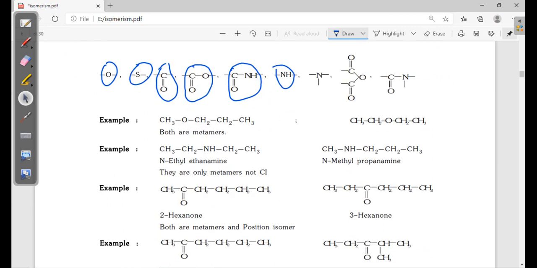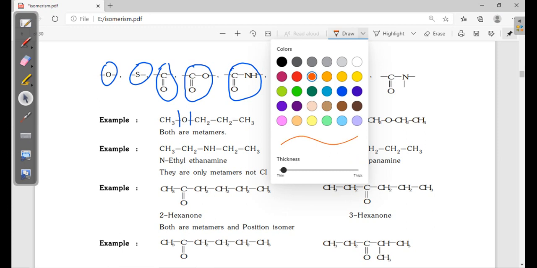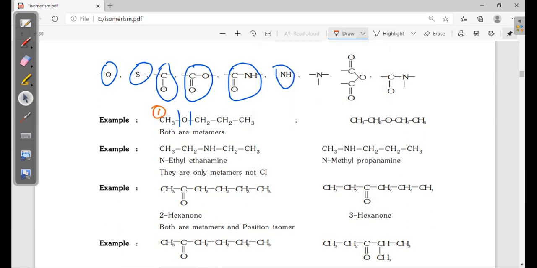See here, ether. First example, right side one carbon chain is there, left side three carbons are there. Here, right side two carbons, left side two carbons. So the functional group is ether, and ether is ether only. There is no change in the ether, but the attached carbon chain is different.